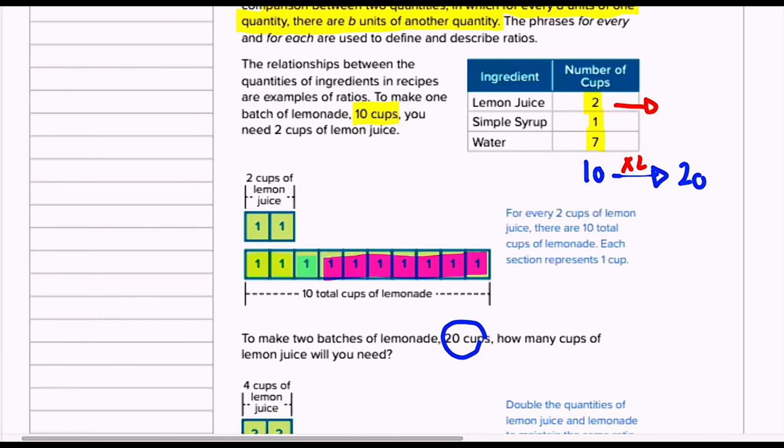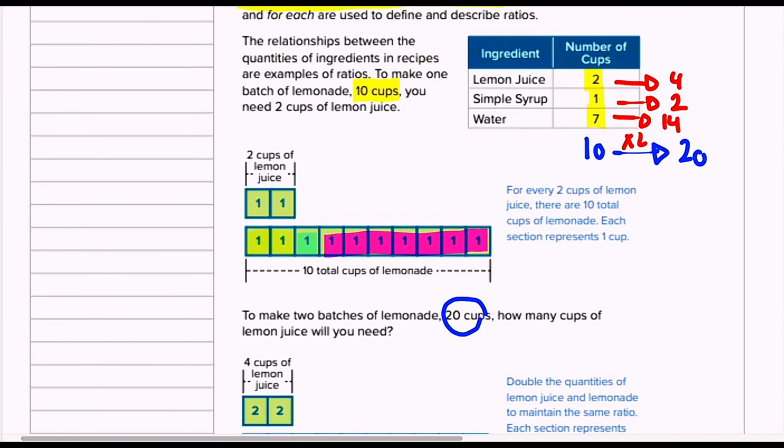The number of cups of lemon juice will be 4, simple syrup will be 2, and water will be 14. If you add these numbers, you get 20. Then I get the same relation between the ingredients by multiplying each value by the scaling factor 2.